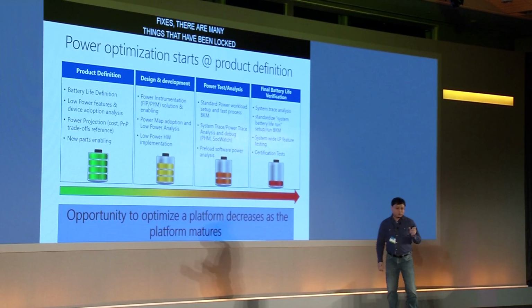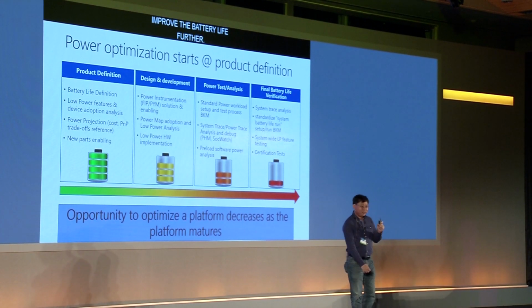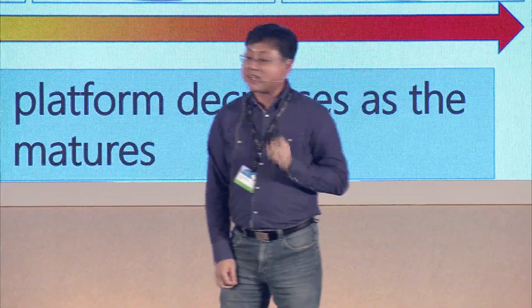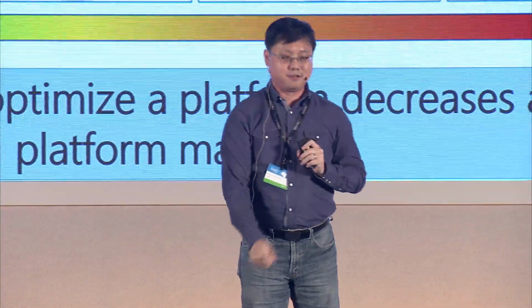Even though we provided the recommendations, feedback, and fixes, there are many things that have already been locked down and unable to change or improve the battery life further. Therefore, I would really like to emphasize the importance to engage battery life optimization as early as possible, at the product definition phase.